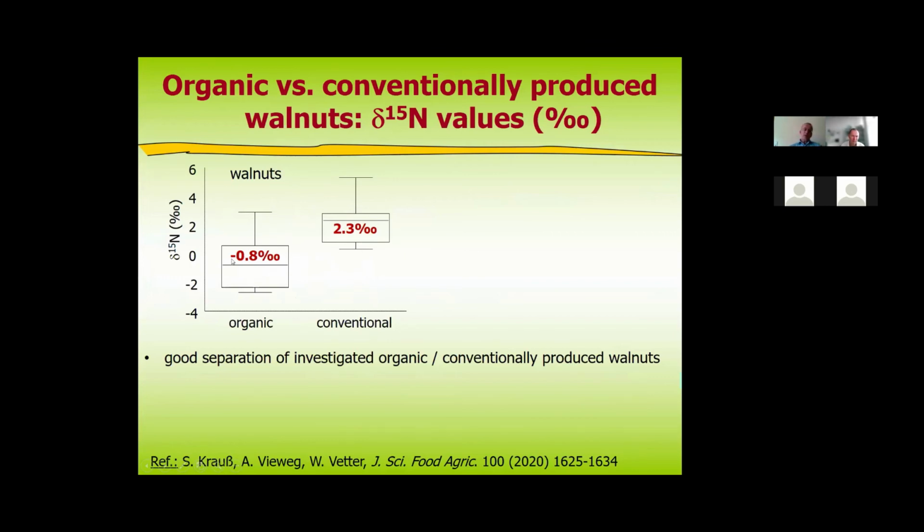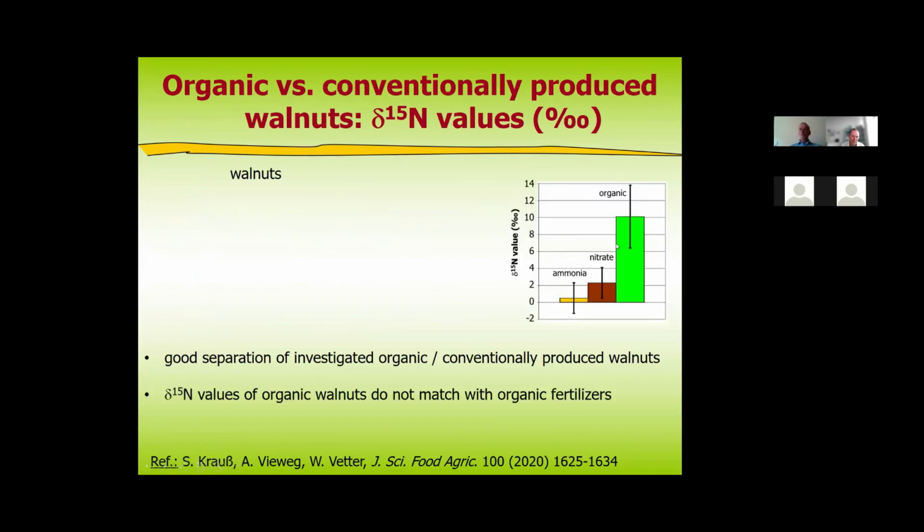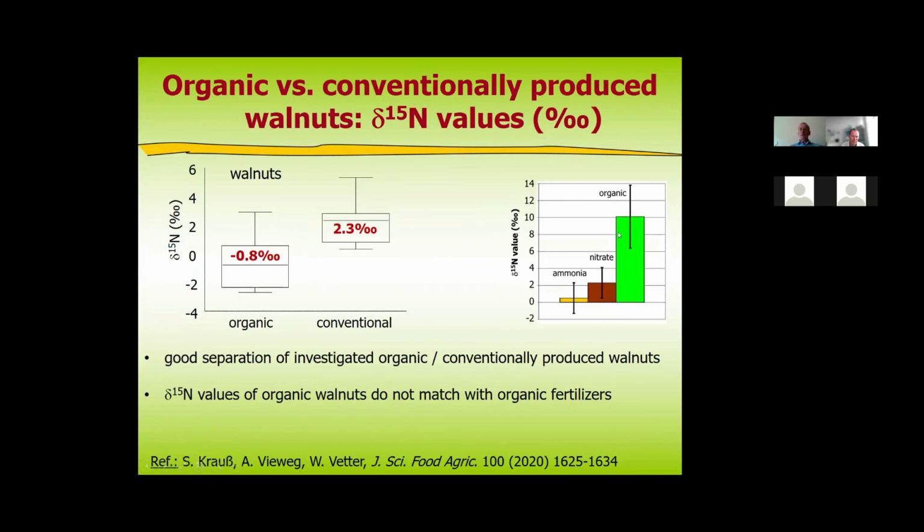But if you look at the values in the organic ones, -0.8 per mil has nothing to do with the organic fertilizer, which I described at +7 at least. So in that case, you have organic walnuts, and the delta 15N value was -0.8, completely different to the organic nitrogen. So what is the origin or the reason for that?